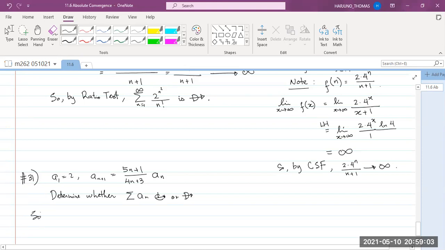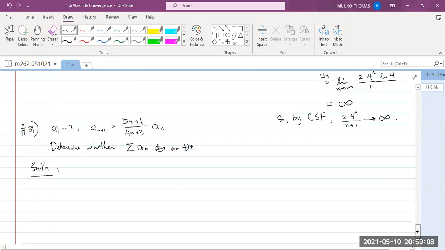Okay, solution. Notice that the n plus first term divided by the n-th term is the absolute value of 5n plus 1 over 4n plus 3, which is 5n plus 1 over 4n plus 3.